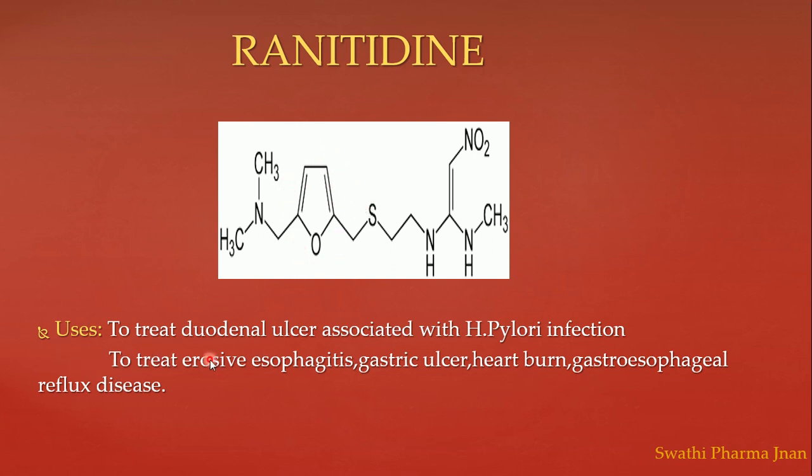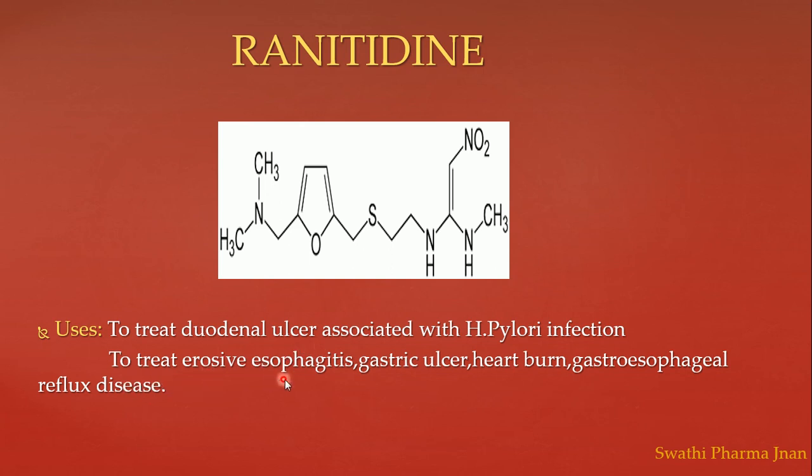Uses are to treat duodenal ulcer associated with H. pylori infection. H. pylori is the bacteria which causes infection in the gastrointestinal system if people have taken unsanitized water, uncleaned water, or stagnant water from ponds or lakes, and it will be associated with duodenal ulcer.